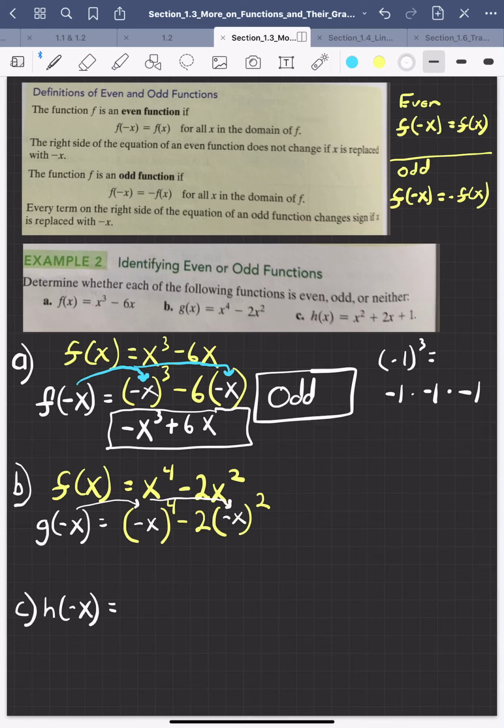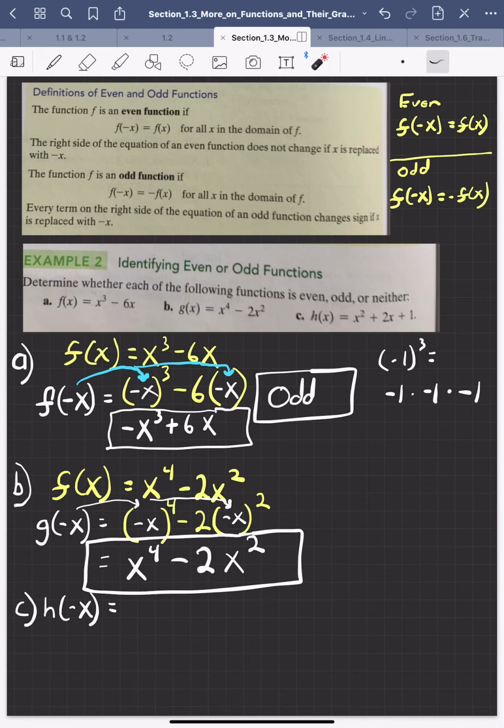All right, let's pick up the pace a little bit. So negative x, a negative times a negative times a negative times a negative is a positive x to the power of 4. All right, and now what about this one? Well, negative x times negative x is positive x squared, so you end up with negative 2x squared.